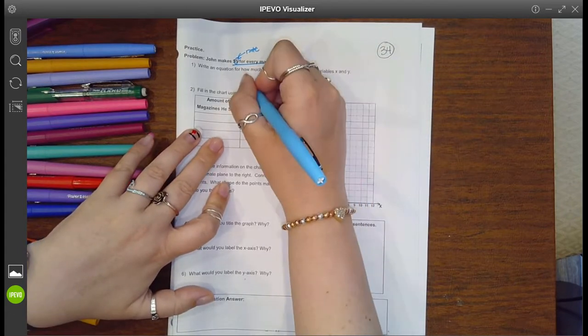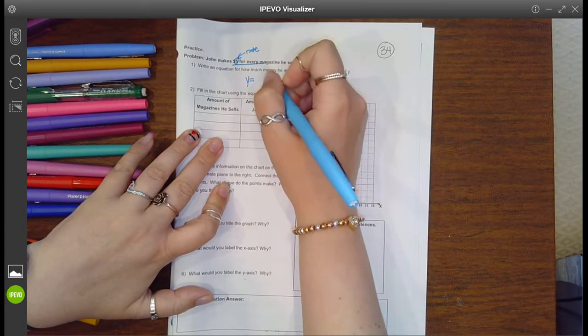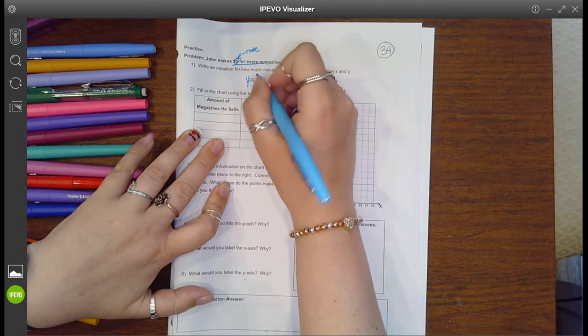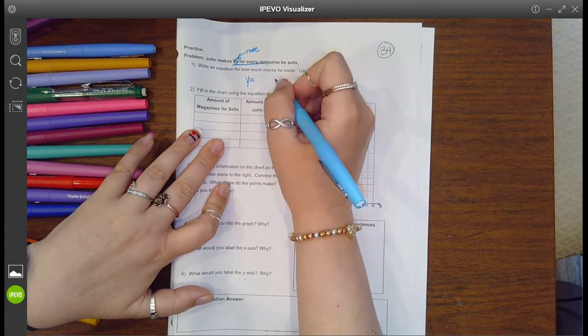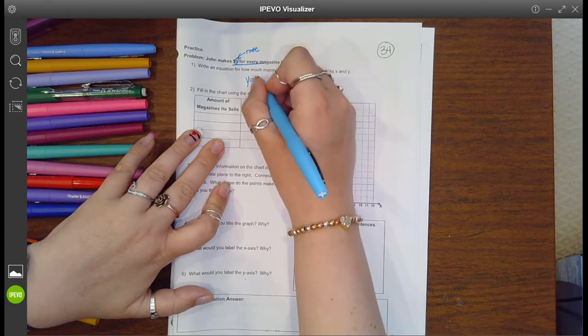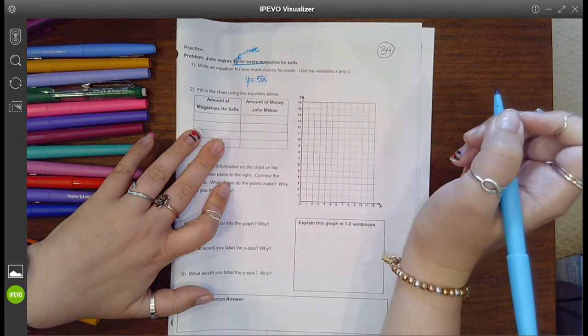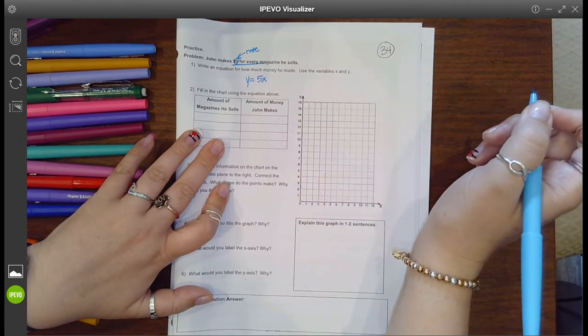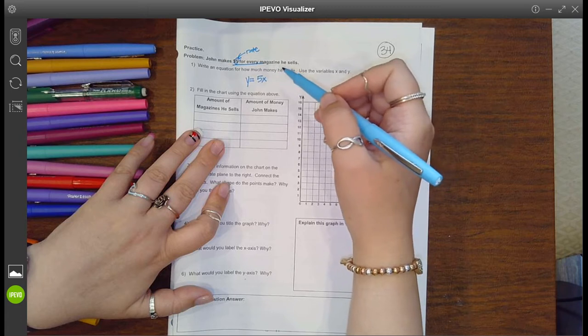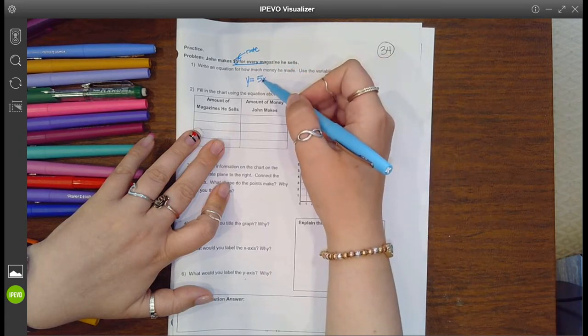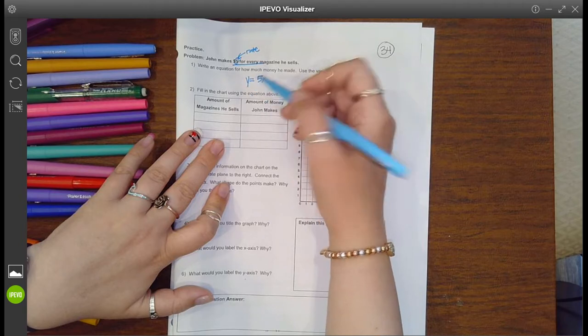Well, y equals, what do you think? If that's my rate, because I saw the word per, each, every, I'm going to multiply that with my x. And does that make sense? Yeah, each time you sell something, you multiply how many you sold times 5, and that'll tell you how much you make, right?